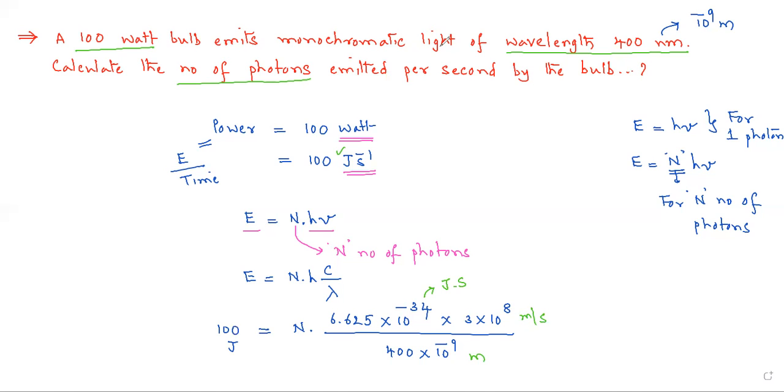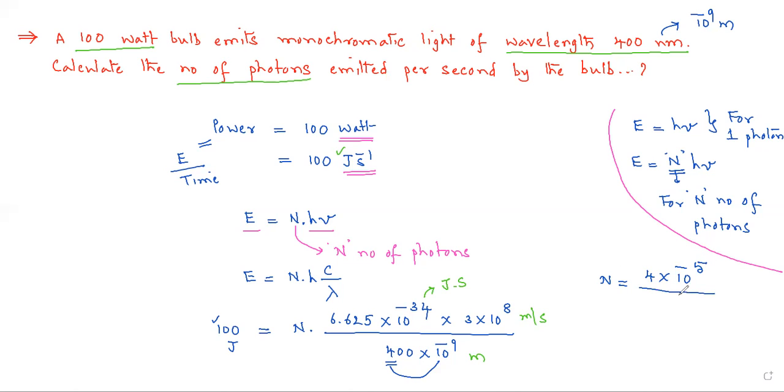Look at what we are going to get. n is equal to, you know, it is, of course, a 4 here. 400 into 10 power minus 9 is 4 into 10 power minus 7, right? 10 power minus 7 into 10 power 2 is 4 into 10 power minus 5.